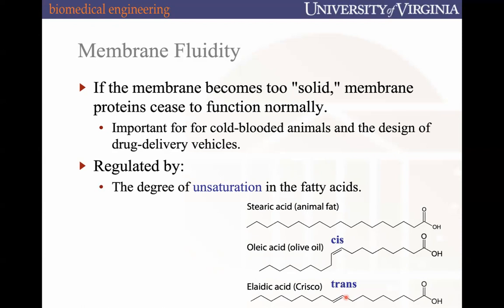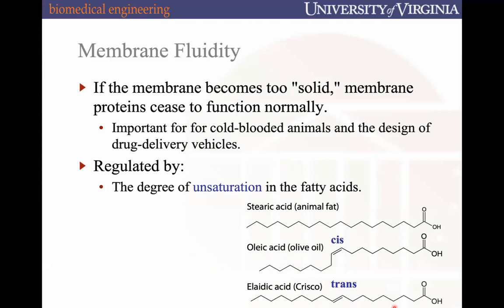These affect the structure of these fatty acid chains. If you can see in the cis double bond, it's not as straight as in the trans one. And this is going to impact the fluidity of the lipid bilayer. Sorry, I said the opposite.